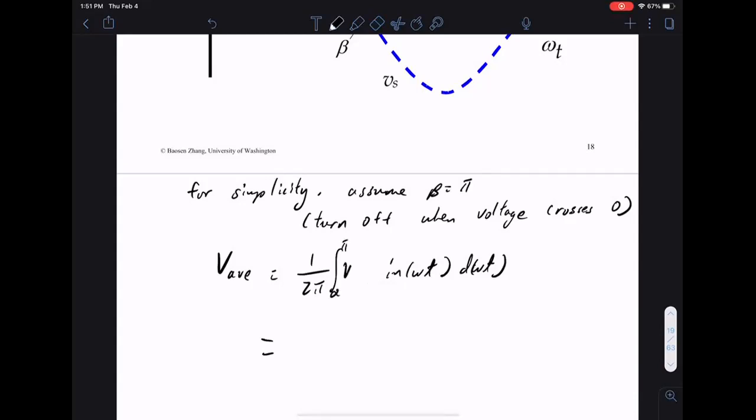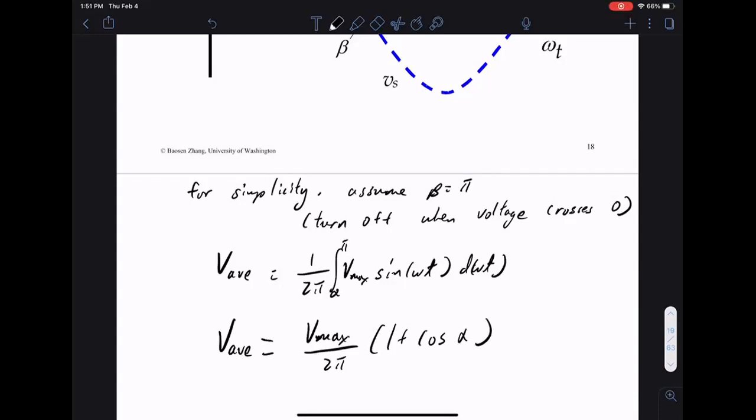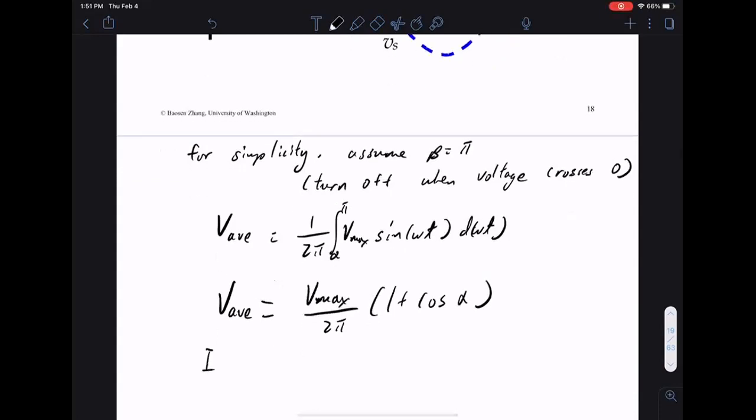So we get the average voltage is V max over 2 pi times (1 plus cosine alpha). And then, of course, the average current is the average voltage divided by the resistor we have.